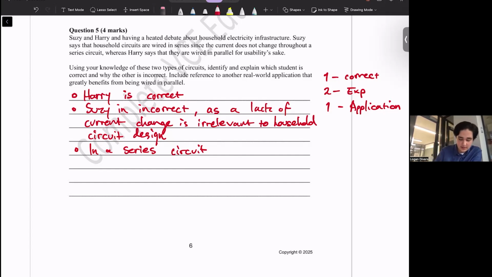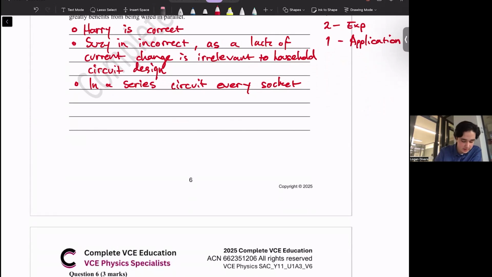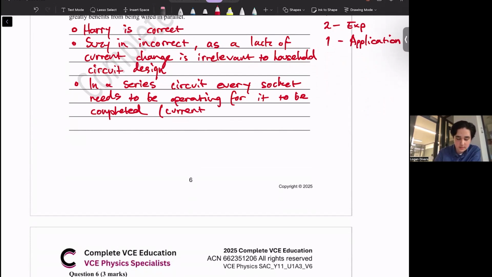So in a series circuit, every socket needs to be operating for it to be completed. And we'll just put in brackets, current flow, because current won't flow if the circuit's not completed.